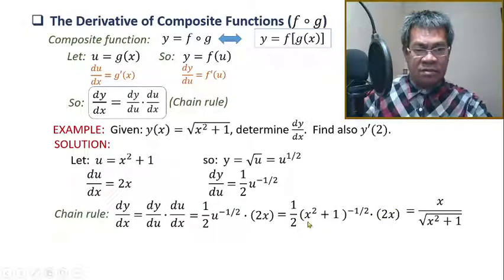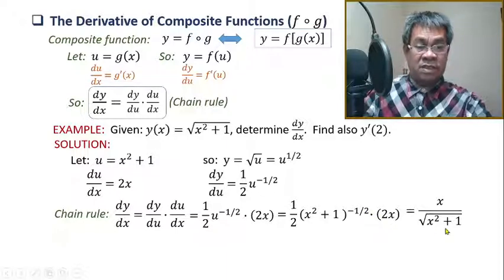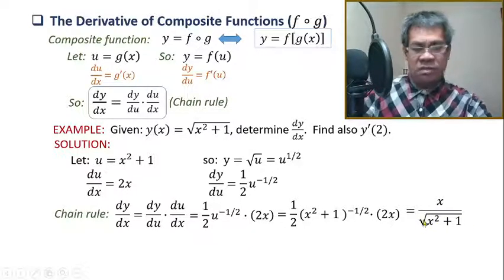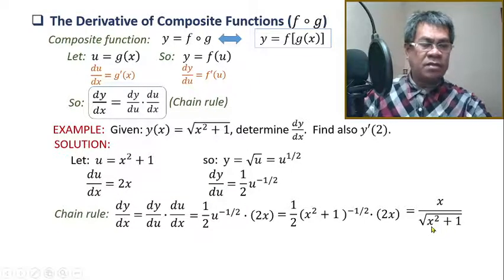Then the negative exponent will be positive in the denominator position. So from negative 1/2 it becomes positive 1/2, but the positive 1/2 exponent is a square root. Therefore, the base of the exponent becomes the radicand of the square root operator.